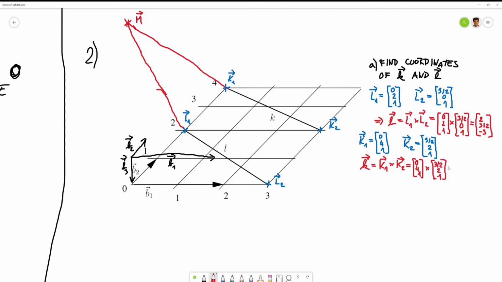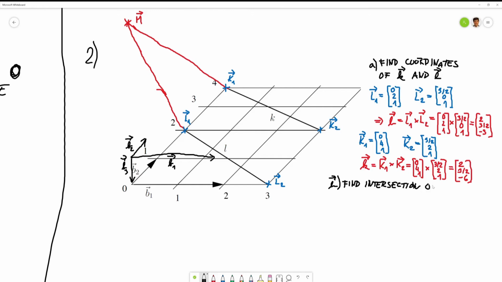So having these two lines, we can again compute the intersection of these lines by computing the cross product of the two lines.